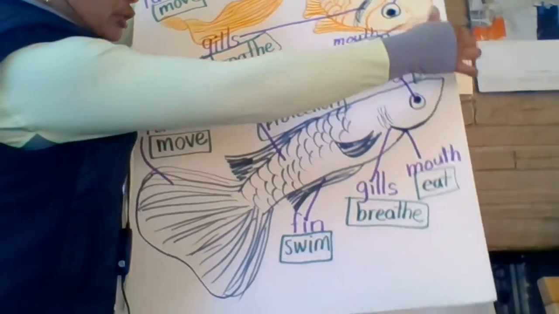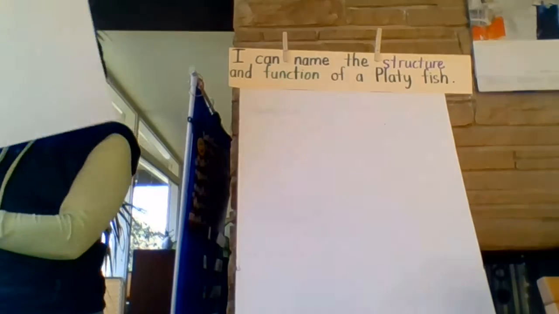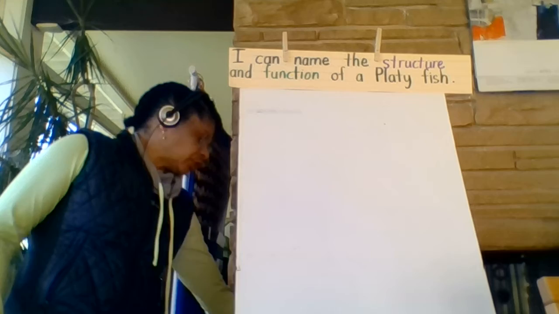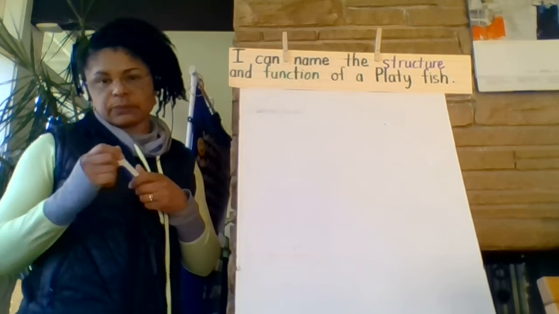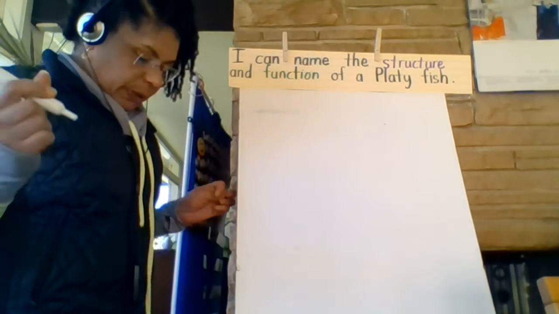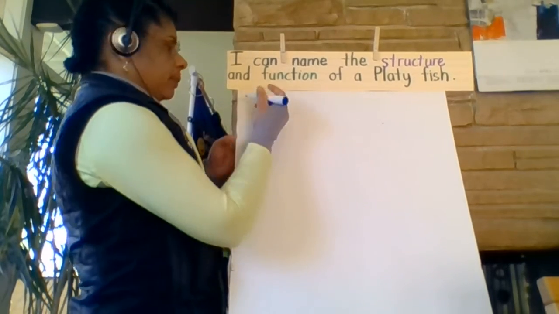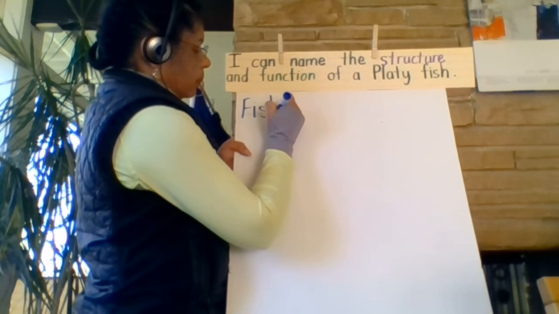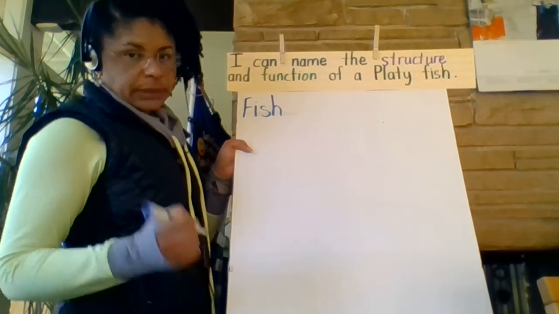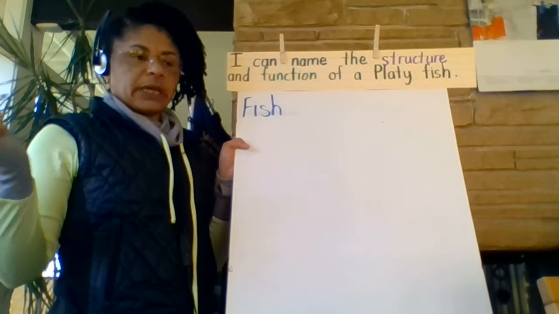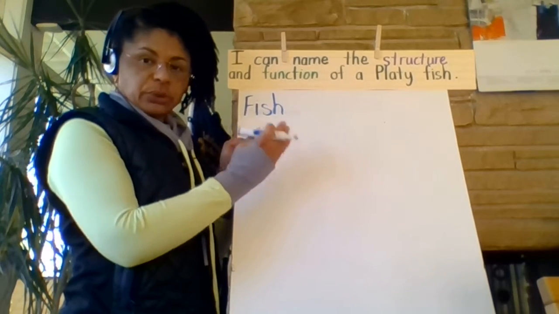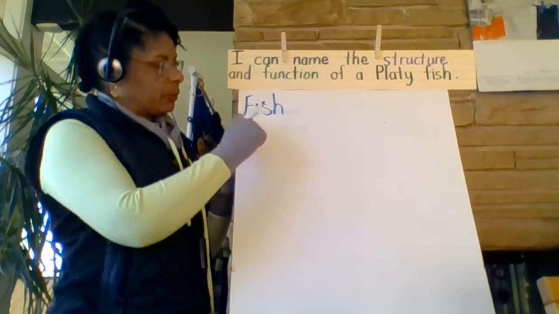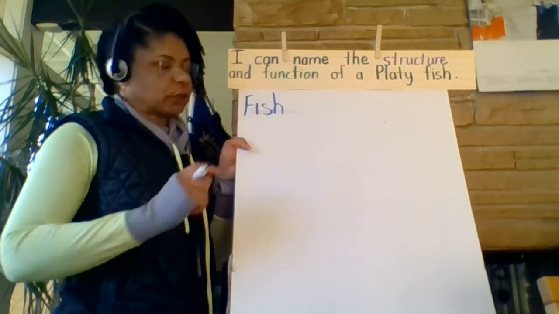For now, you could practice writing simple sentences using the function and structure of both of those fish. So you could use this sentence frame. Fish, and that will be including both of them. You could either say goldfish or platyfish, but since we have two types of fish, I'm going to use just the word fish.